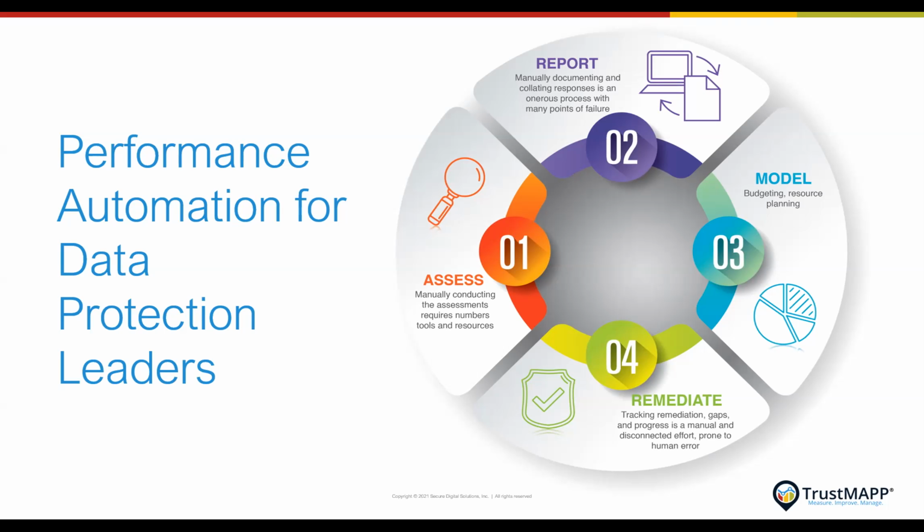And then last but not least, after you have gotten the information you need and have quantified it appropriately and prioritized it, it is then time to remediate. And we provide the tools to help you through that remediation process.